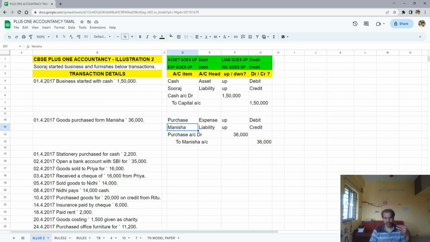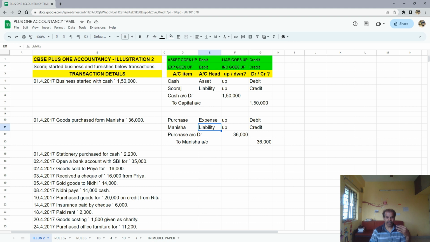That's why I said those terms we will slowly start using as we get more familiar with the terminologies. So here purchase is an expenditure that goes up, because as you purchase, expense goes up. Then you have to debit, because the rule is when expenditure goes up, it's a debit. Manisha is a liability, because when someone is supplying goods, you have to pay them back, right?